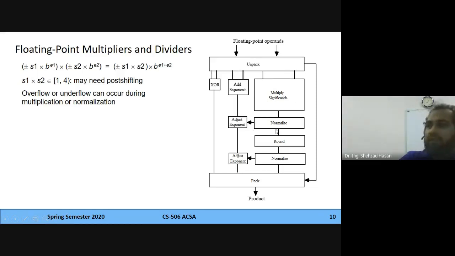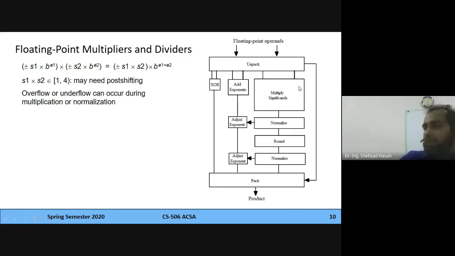Multiply the significands. Normalize them, because we said that we need only a single normalization. Round them if required, and after rounding you might require a normalization and adjustment. So any one of these normalizations is going to work. And finally pack that. So that's a simple thing, right? You can see that it's quite simpler than the adder.